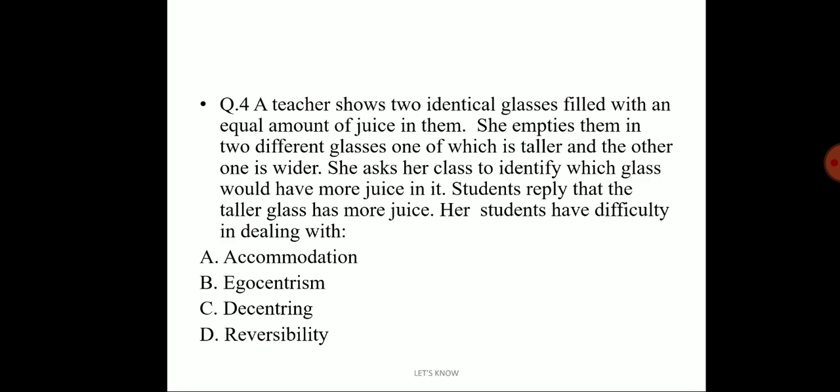This process is known as accommodation. Egocentrism is the process in which a child thinks whatever he is feeling, the rest of the world is also feeling the same. Decentering.